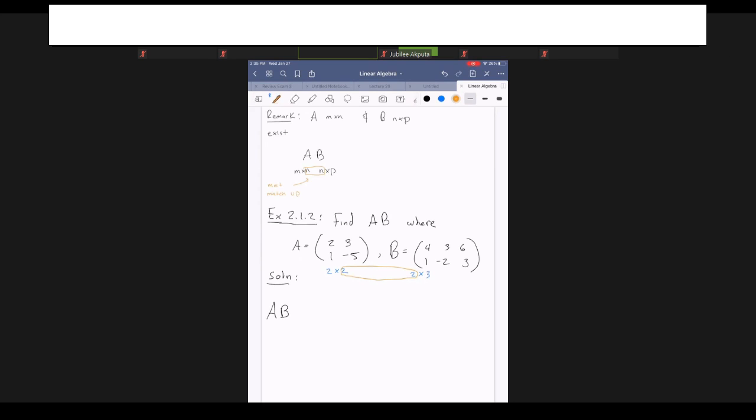The outer ones can be different numbers if they want to be. But here's the other part. The resulting matrix will have dimension 2 by 3. So this would be the dimension of the resulting matrix. The inner ones must match up, and the outer ones are the dimension of the matrix that it outputs. So yes, we're allowed to.